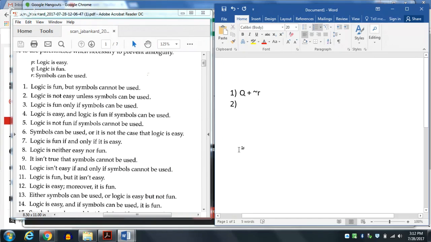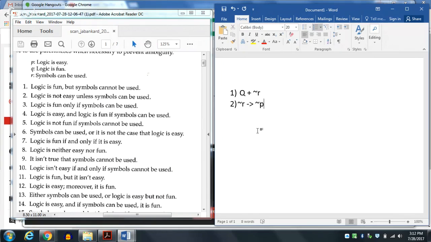So symbols can be used gets negated, and we get not R. More specifically, if not R, then we just drop down what comes before the unless: logic is not easy, so that's not P. So logic is not easy unless symbols can be used is translated into if symbols cannot be used, then logic is not easy.